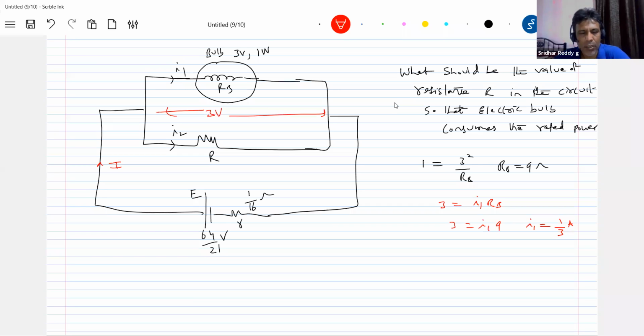I2 you can write as I minus I1. So let's write the loop equation: plus E minus I2 into r minus I into R equal to 0. Now I2 we can write as I minus I1.